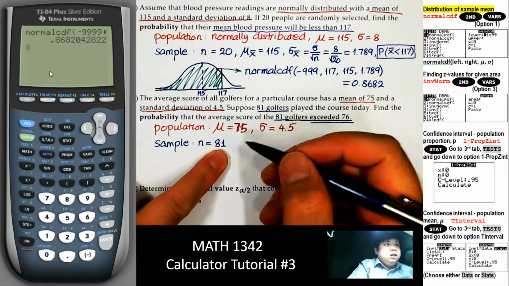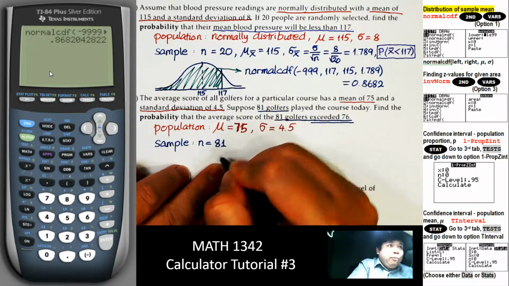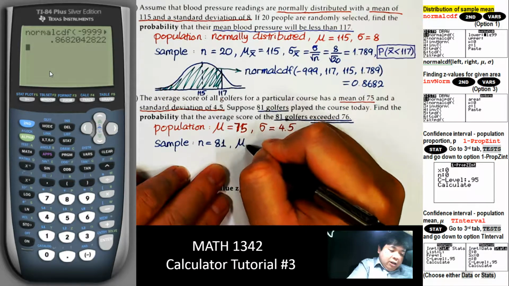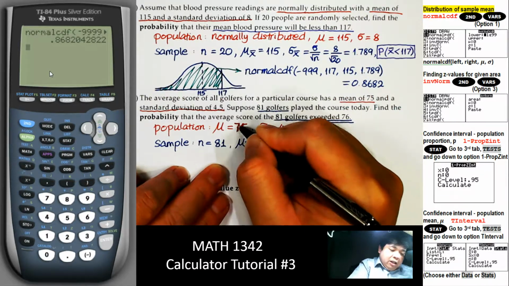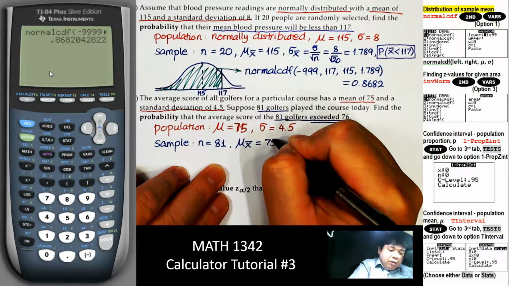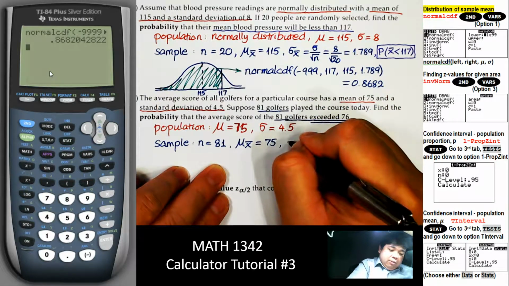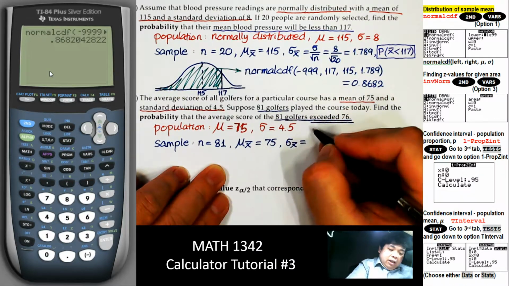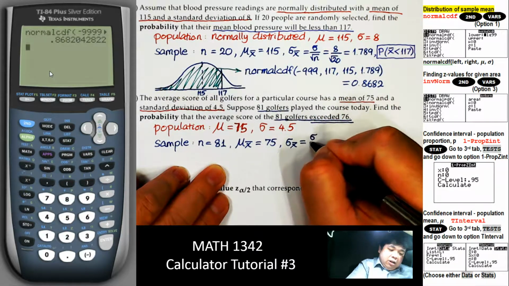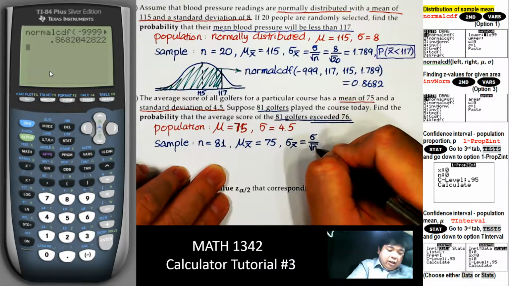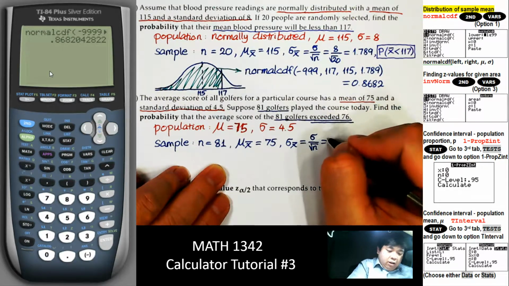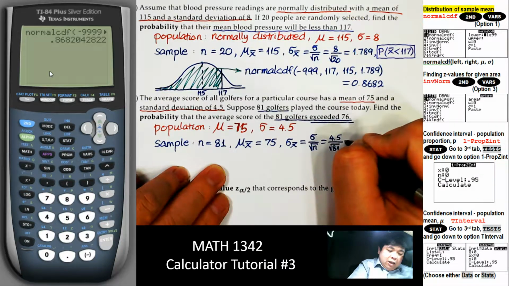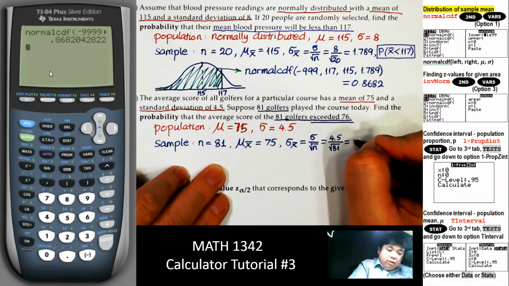Next, the mean of the mean is the same as 75. The standard deviation of the sample mean is sigma over square root of n. Sigma is 4.5 and square root of 81. That gives us 0.5.